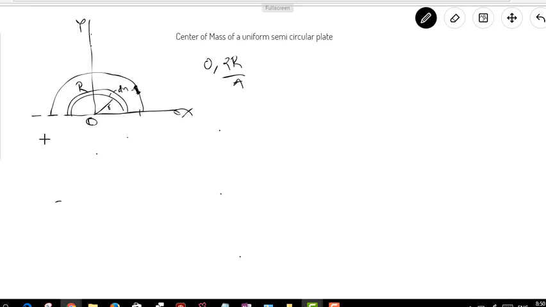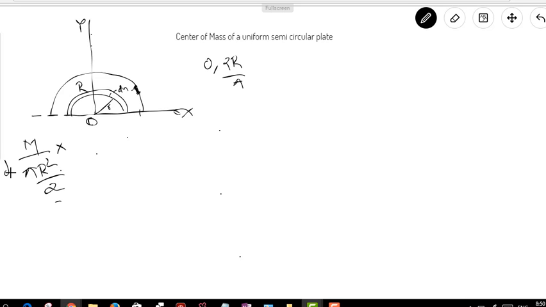We know that the mass of the plate is distributed over the area, so the mass per unit area is m by pi r square by 2, because this is a semicircular plate. If we multiply this by the area of the differential element, we get the mass of the differential element.